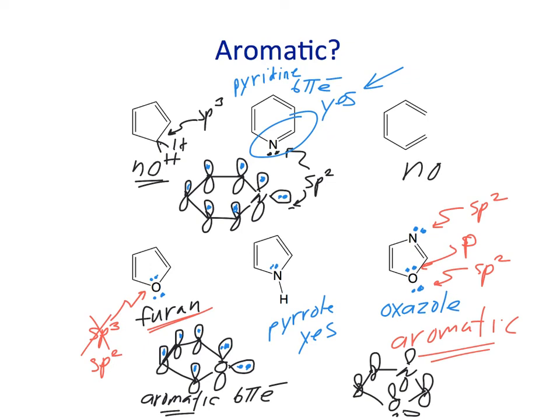So in this case, this nitrogen here, I would say, is like the nitrogen in pyridine. It already has a pi bond drawn to it. So we know when there's already a pi bond drawn to it, the non-bonding pair is going to go in the sp2. That's the only place it can, because the p orbital already has one electron in it. The oxygen here can have one pair in the p orbital and one pair in the sp2 hybridized orbital.